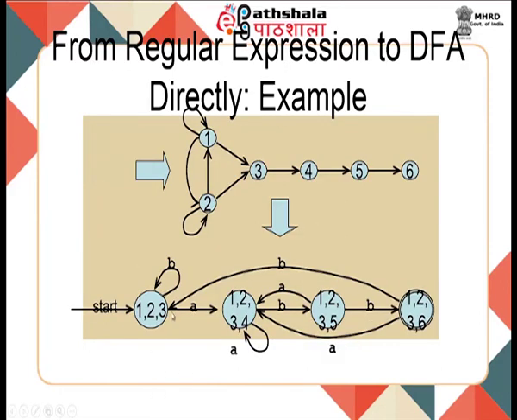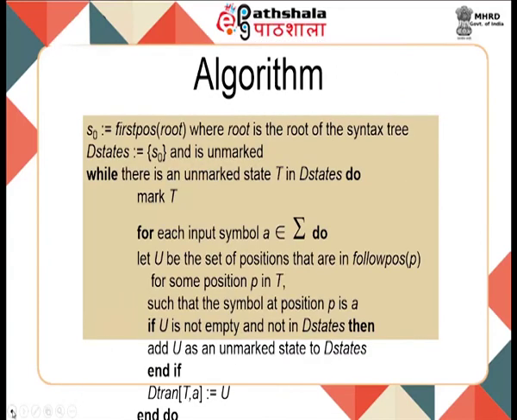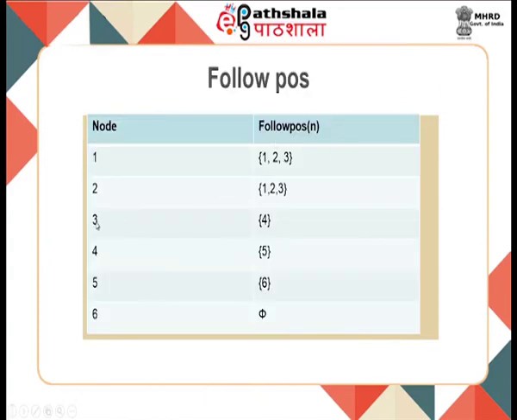Okay. 1's follow position is 1 comma 2 comma 3 and 3's follow position is 4. Okay. Nodes 1 and 3 correspond to the symbol A. So, nodes 1 and 3's follow positions are 1 comma 2 comma 3 and 4 respectively.